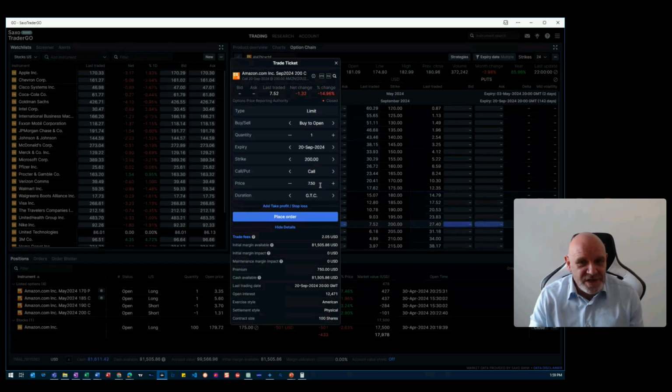What does that mean? It means that if the price before or at 20 September of this year is more than 200, we can actually exercise our option, which would mean that we can buy it at 200 and then sell it immediately at the market price.